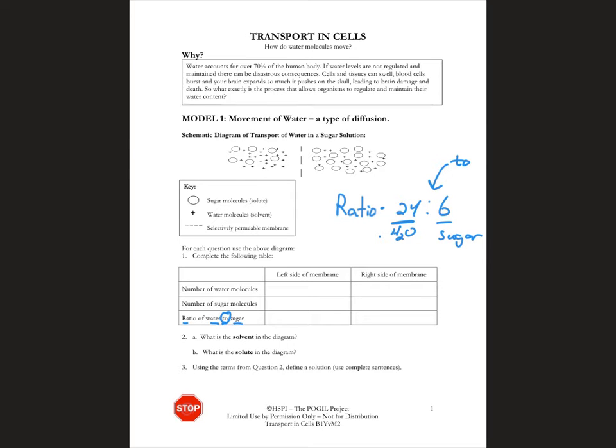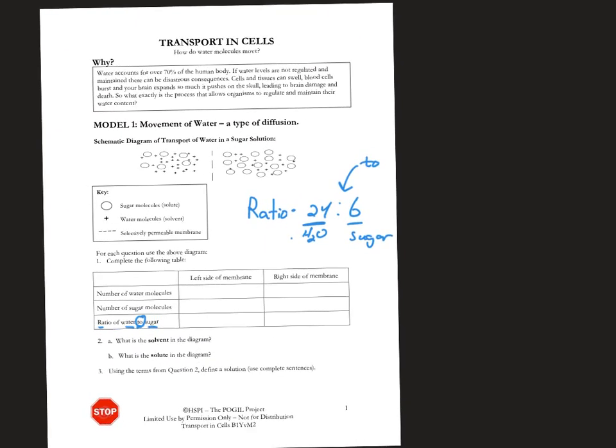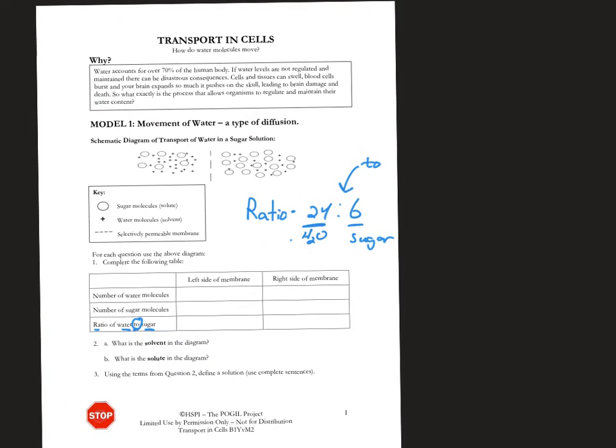Now, when you change this into a fraction, what you get is 24 water divided by 6 sugar.